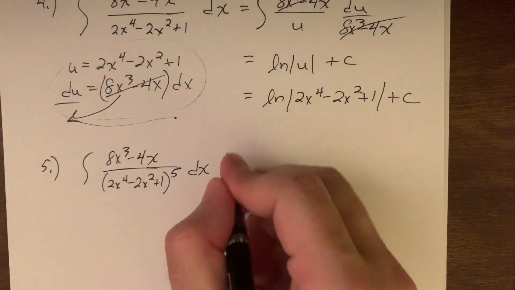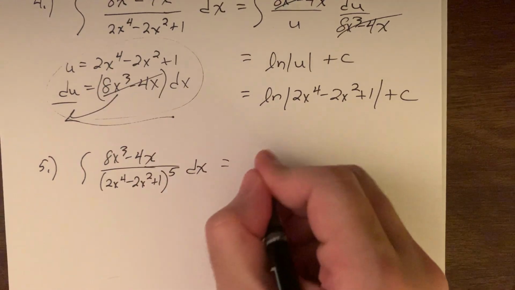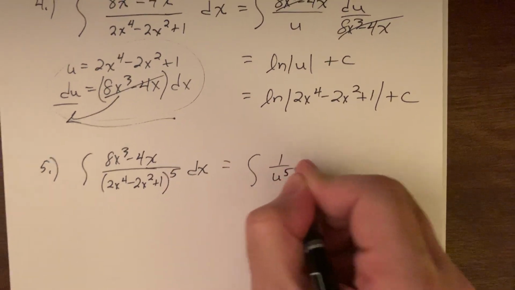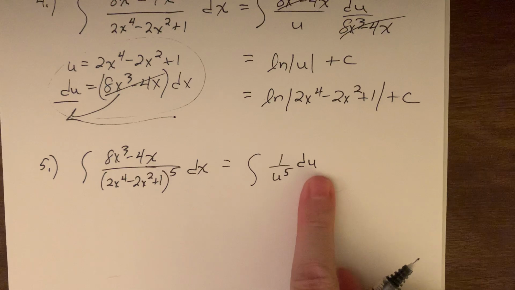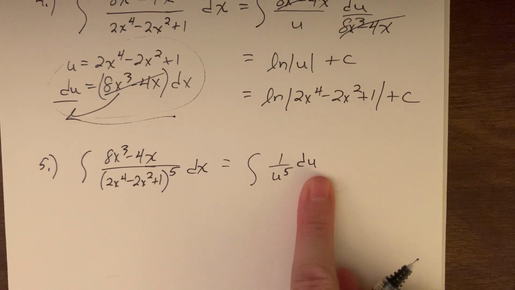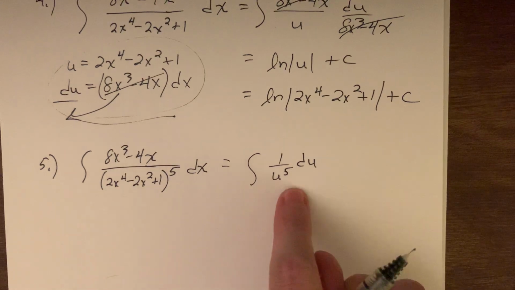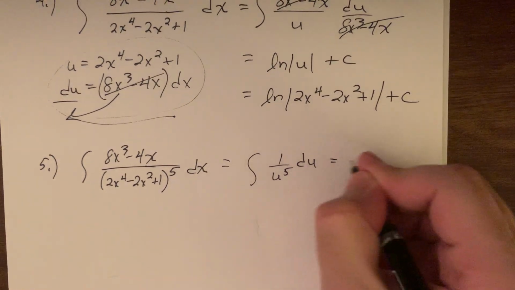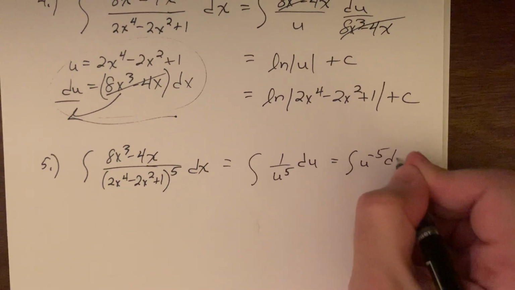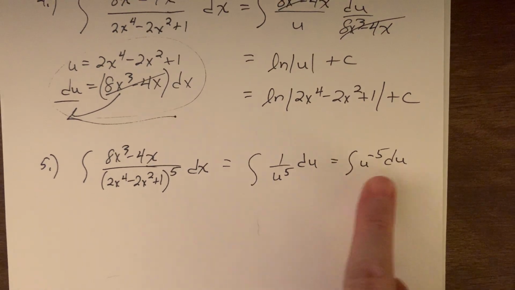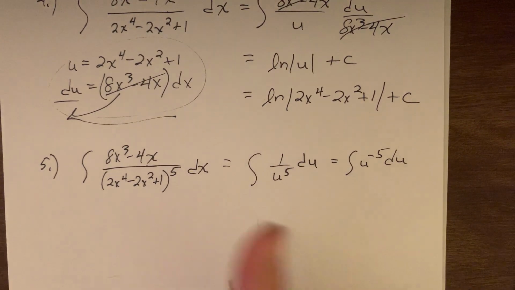So when you go through and clean this one up with this u sub, you don't get 1 over u, you get 1 over u to the 5th power. Okay? So that is not log of u. This one, you still need to go back to traditional means, bring the u up by negating the exponent.